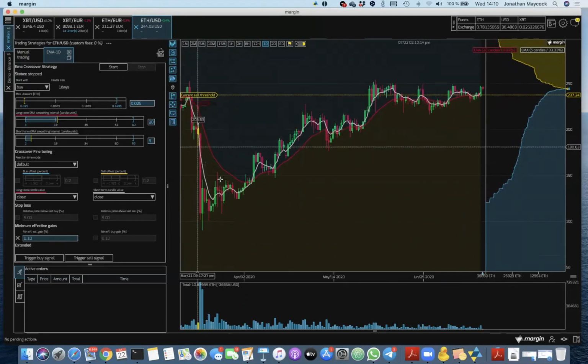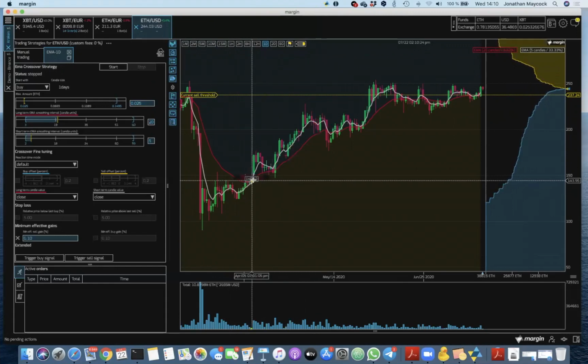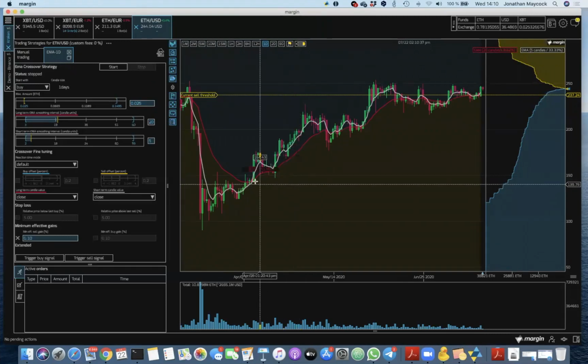So after the crash, we can see that at a certain point here, the Ethereum or Ether started to recover. And we see that there's a crossover point right about here. So in that case, the short-term line crossed over the long-term line, and this would have triggered a buy in this case.